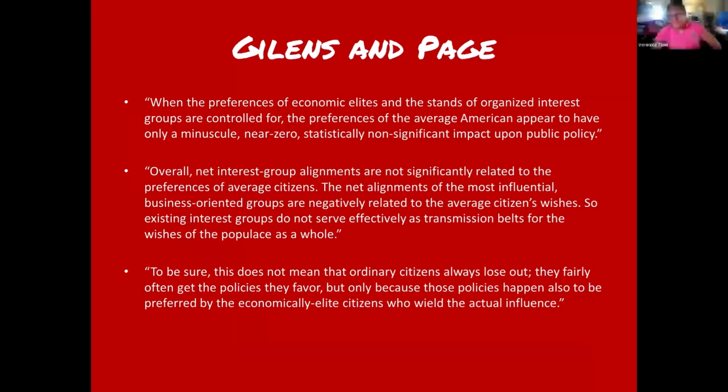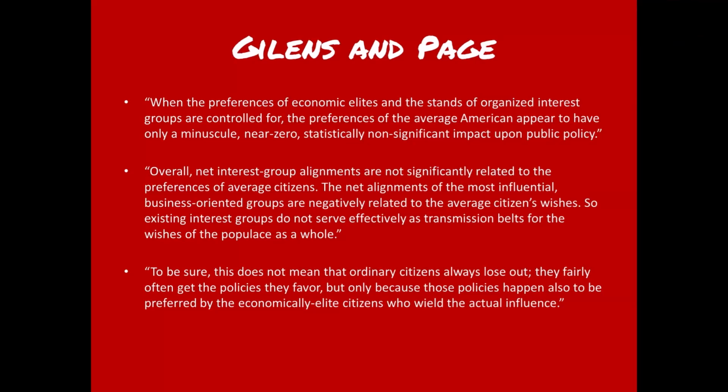When the preferences of economic elites and the stands of organized interest groups are controlled for, the preferences of the average American appear to have only a minuscule, near zero, statistically non-significant impact upon public policy. Overall, net interest group alignments are not significantly related to preferences of average citizens.